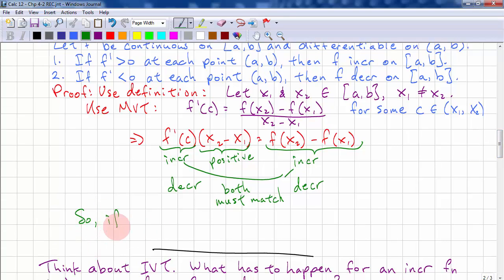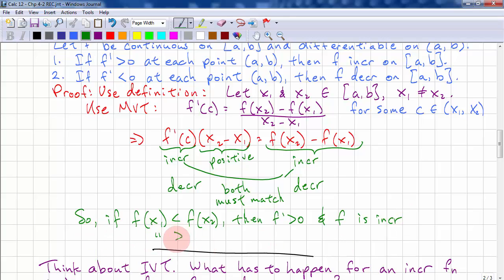So if f of x1 is less than f of x2, then f prime is greater than 0 and f is increasing. Similarly, if it's greater than, then the derivative is less than 0 and f is decreasing.